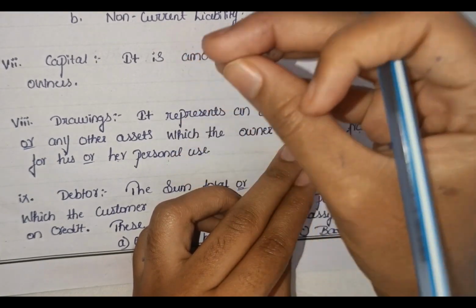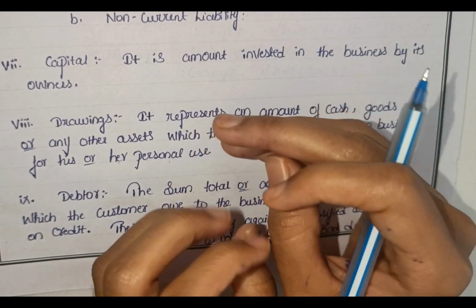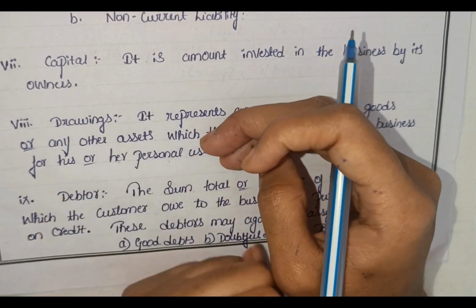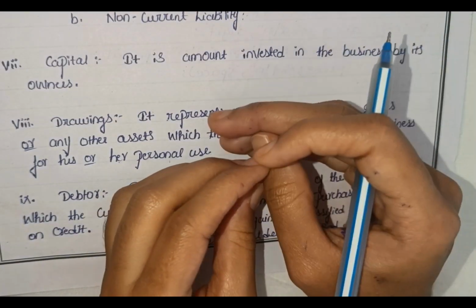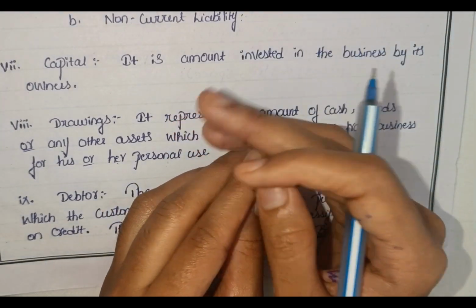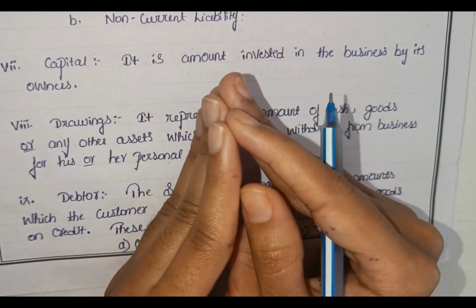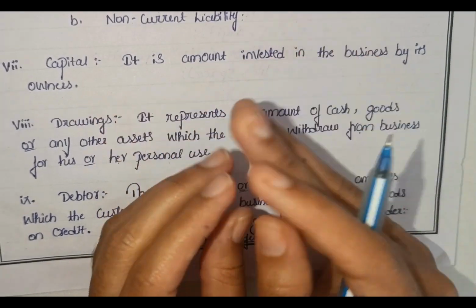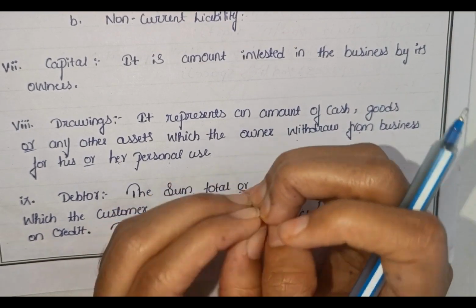For example, life insurance premium. Life insurance is for the purpose of his or her family use. So they withdraw the amount from the business and use it for personal purposes; this is called drawings. Is life insurance considered a company's property?